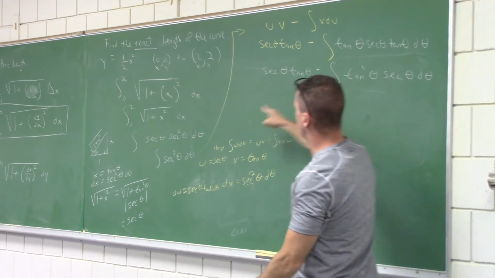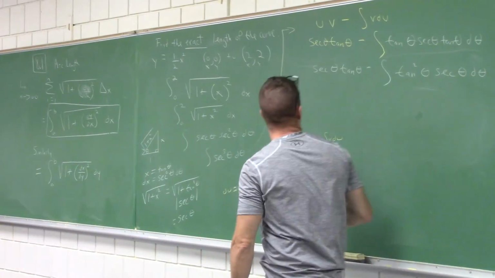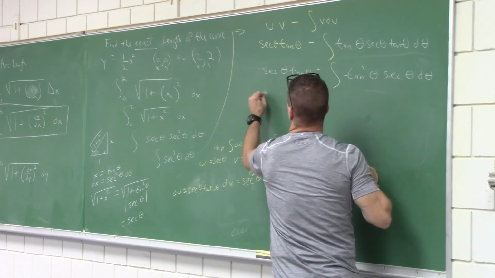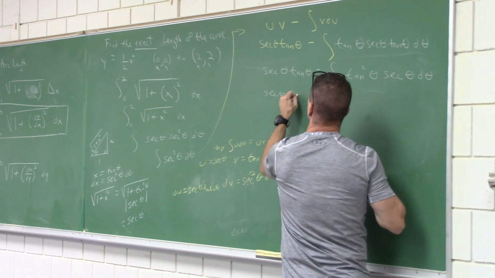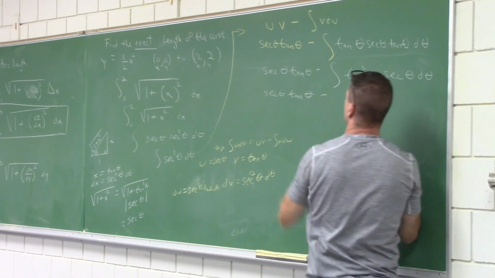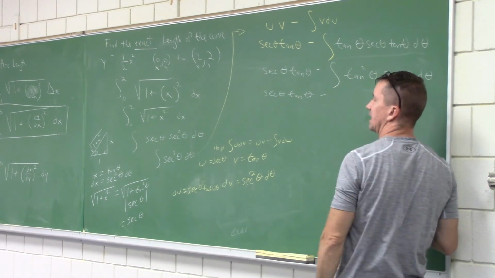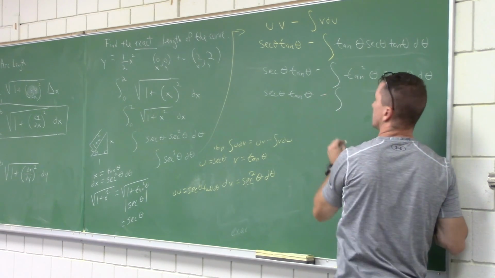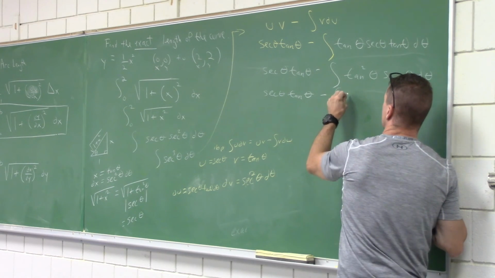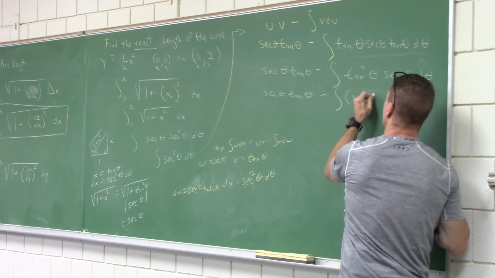At least that's better than that. So I'll write this again: secant theta tan theta, minus the integral of. There's an identity I can use for tan squared: secant squared theta minus 1.